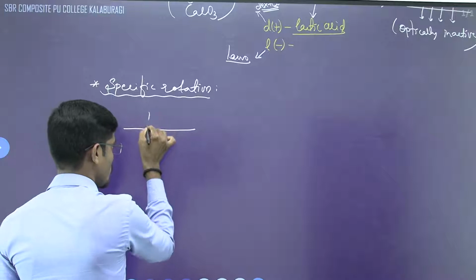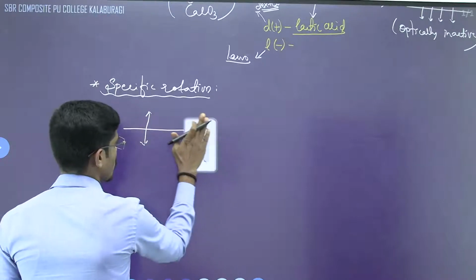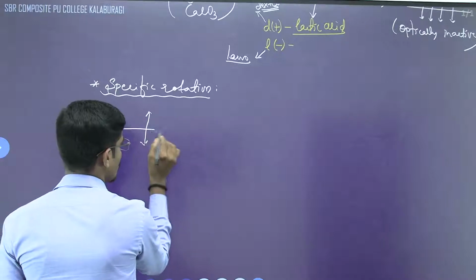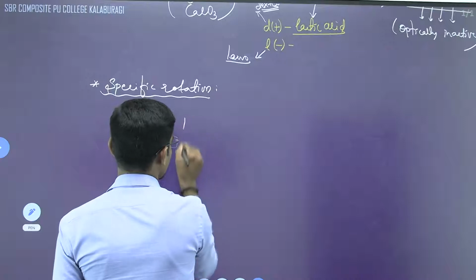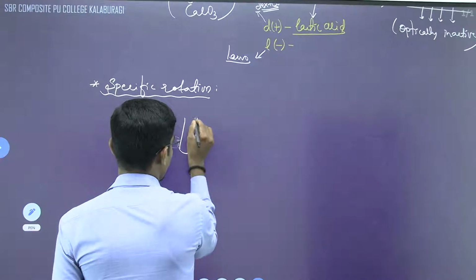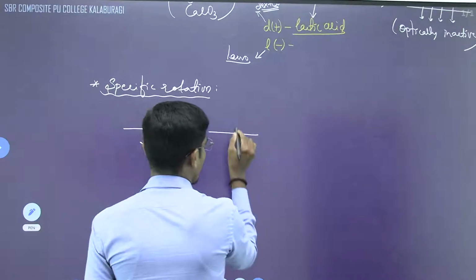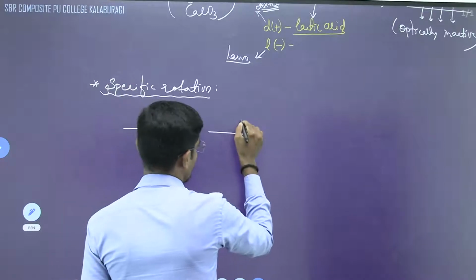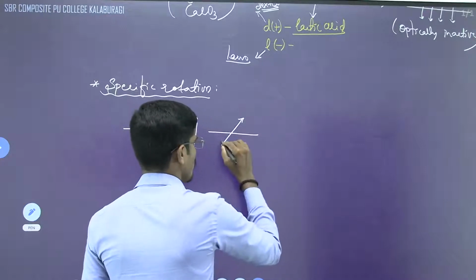Let us consider only one direction. Now, this plane polarized light, when it is passed through an organic compound, is either rotated towards the right direction or towards the left direction.